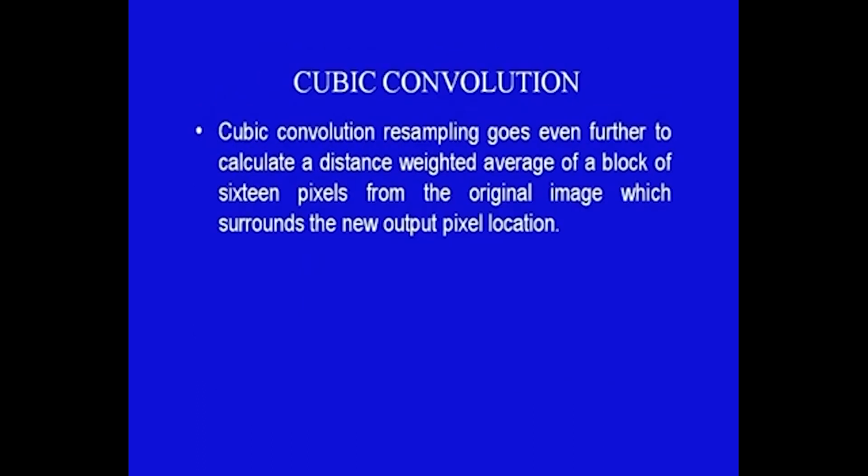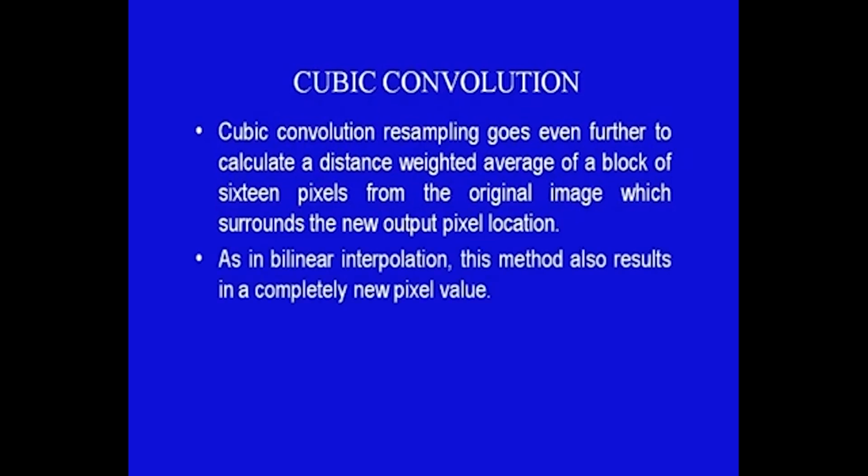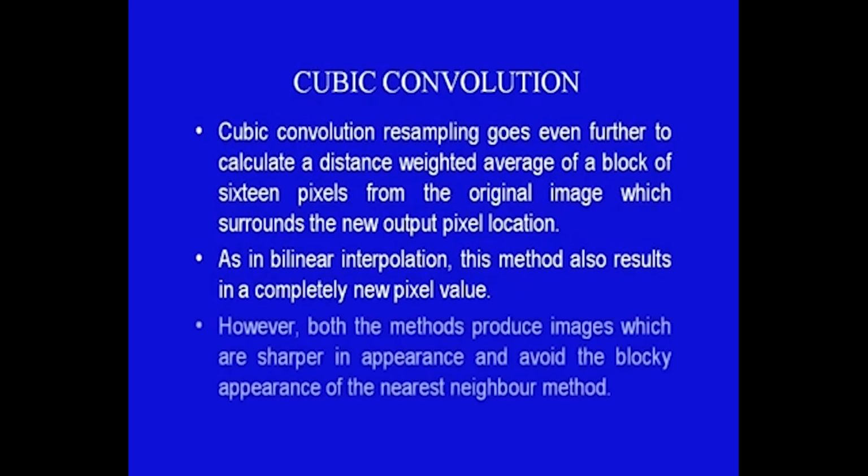The third method, cubic convolution, goes one step further to calculate the distance weighted average of a block of 16 pixels from the original image which surround the new output pixel location. As in bilinear interpolation, this method also results in a completely new pixel value.